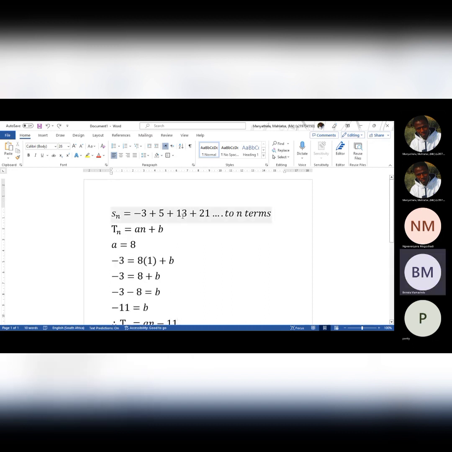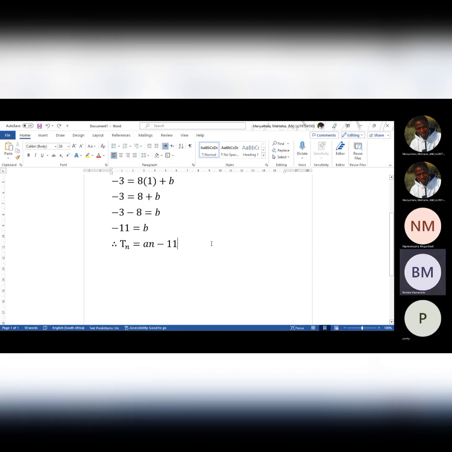Then term number 3, or more N, and so on and so forth.